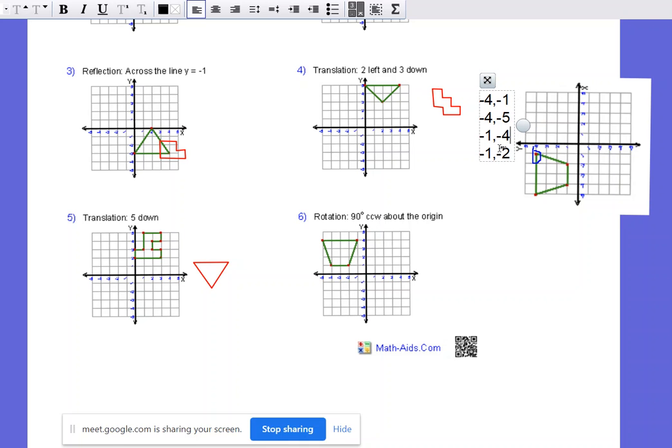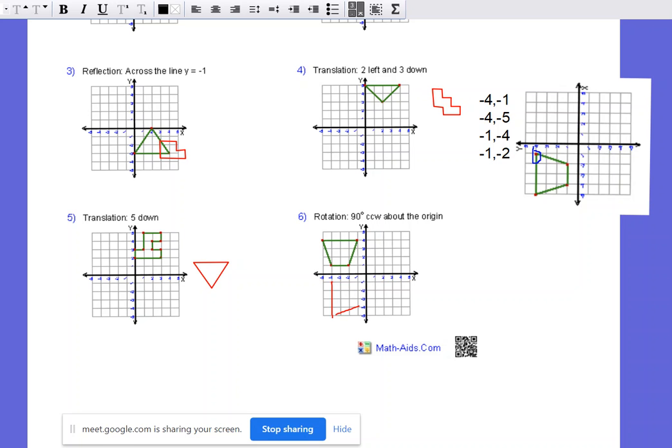All right. So then let's go and plot those points on the grid, the original grid. So -4, comma 1 is right here. Then we have -4, comma 5. Then we have -1, comma 4.